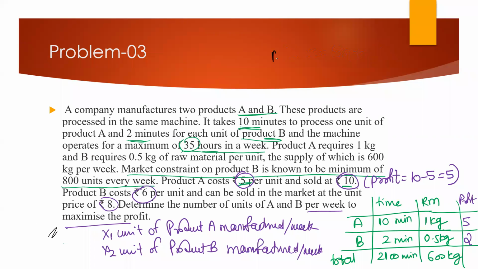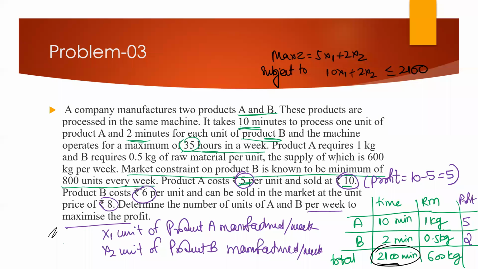So maximize Z equals 5x1 plus 2x2, subject to constraints. What all constraints do you have? This machine, you cannot use for more than 2100 minutes per week. So you will write 10x1 plus 2x2 is less than or equal to 2100.